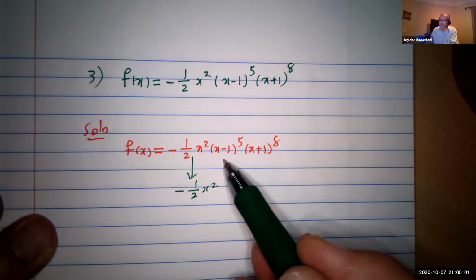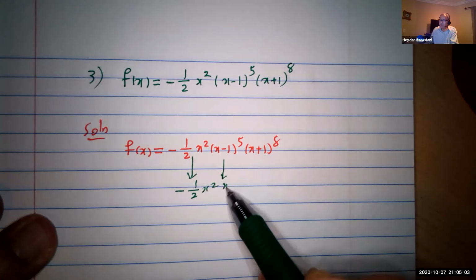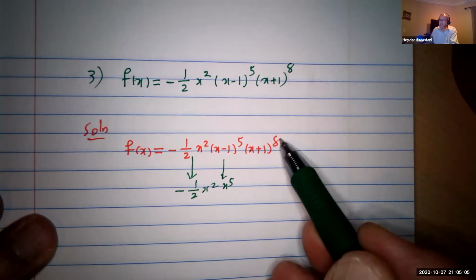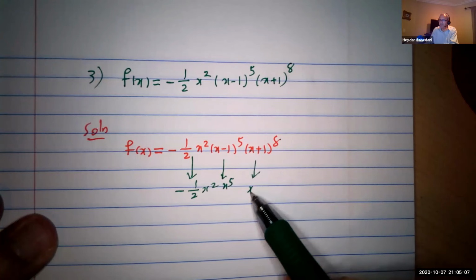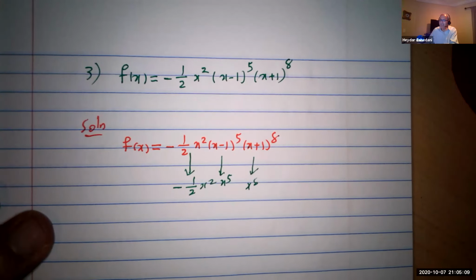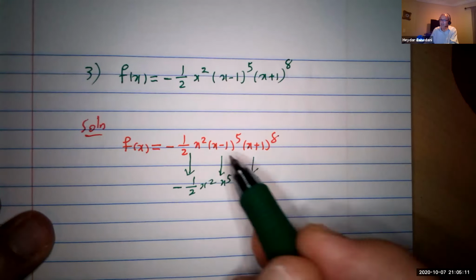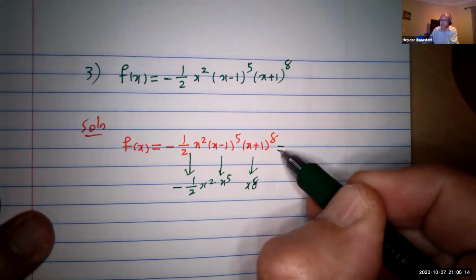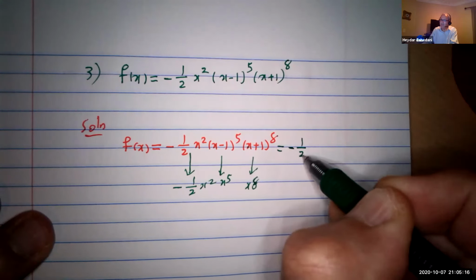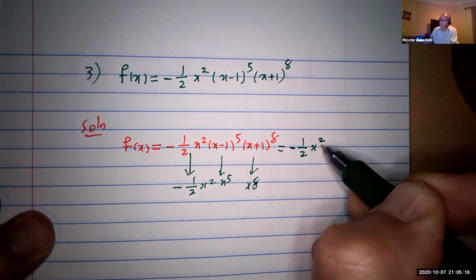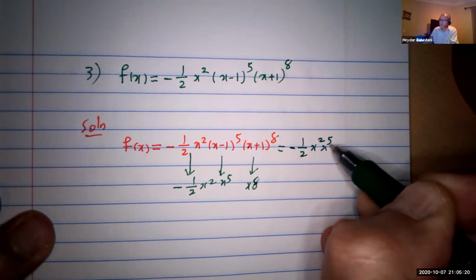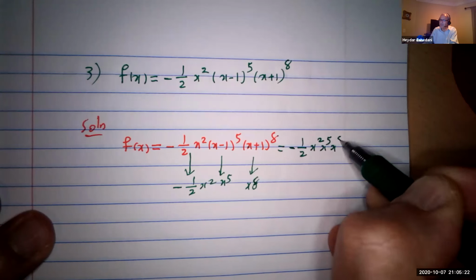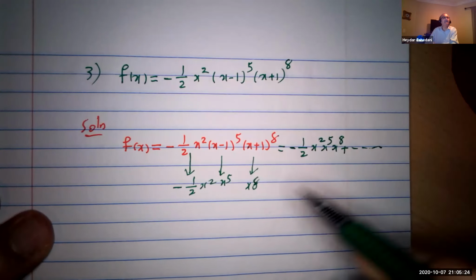The highest power that we get over here is going to be x to the 8th. So the leading term, when you multiply it, is negative 1/2 x squared times x to the fifth times x to the 8th, and something else that we don't care about.